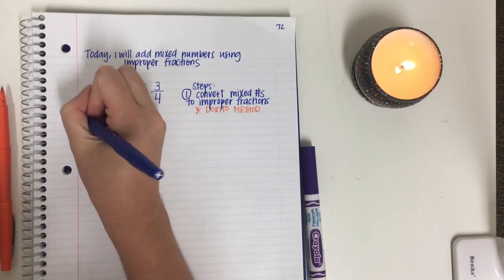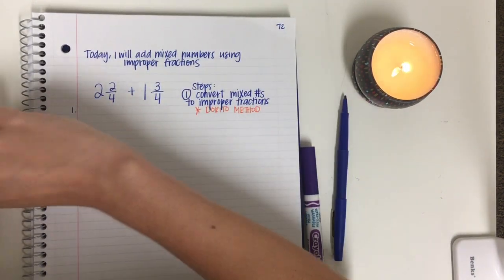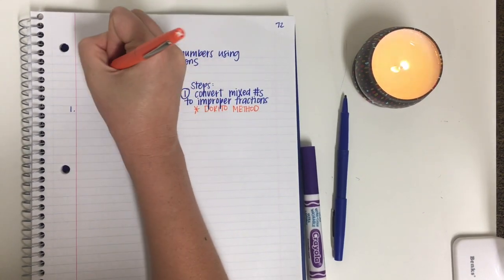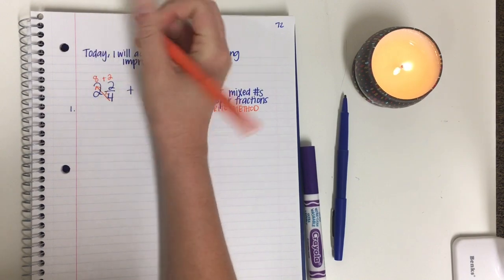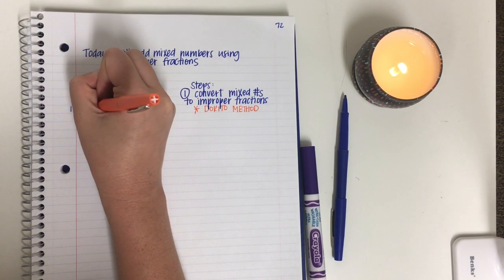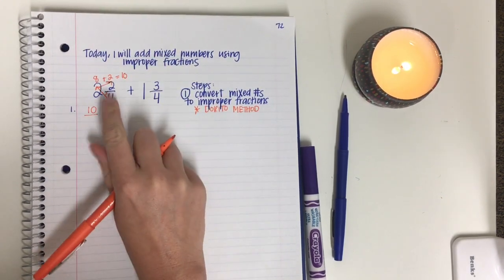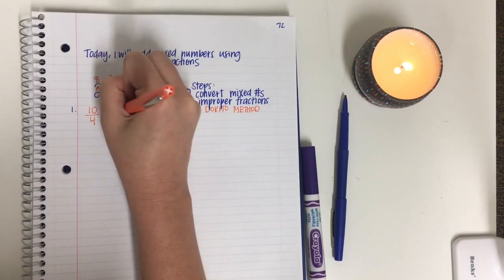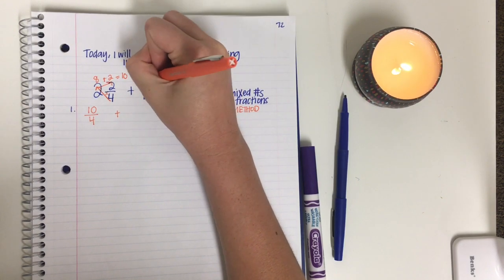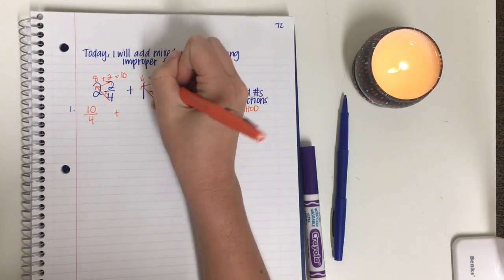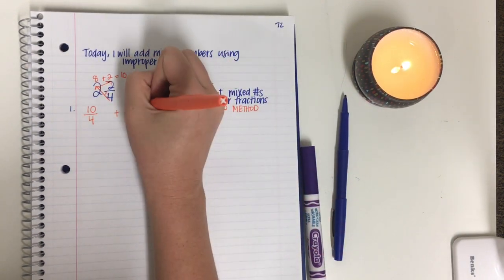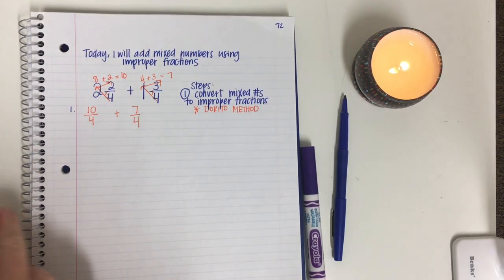So step 1, we got to convert. So 4 times 2 is 8 plus 2 equals what? 10. So the first thing we have is 10 over, my denominator stays the same. Okay? Second, 4 times 1 is 4 plus 3 is 7. My denominator stays the same. So now I have 7 over 4.